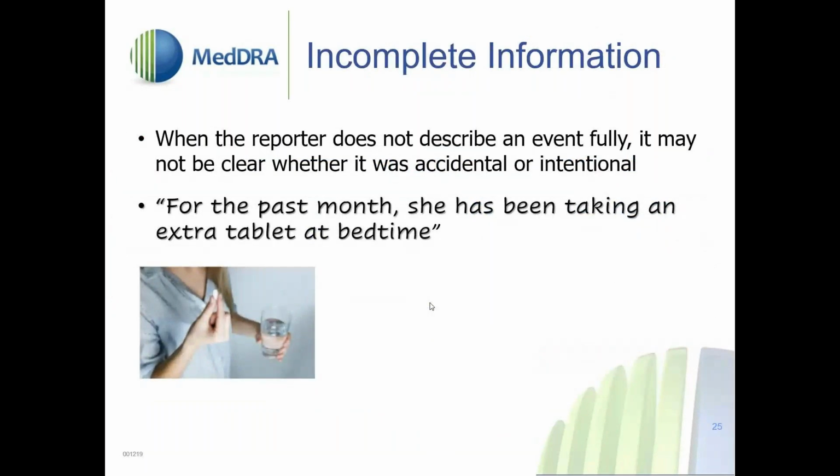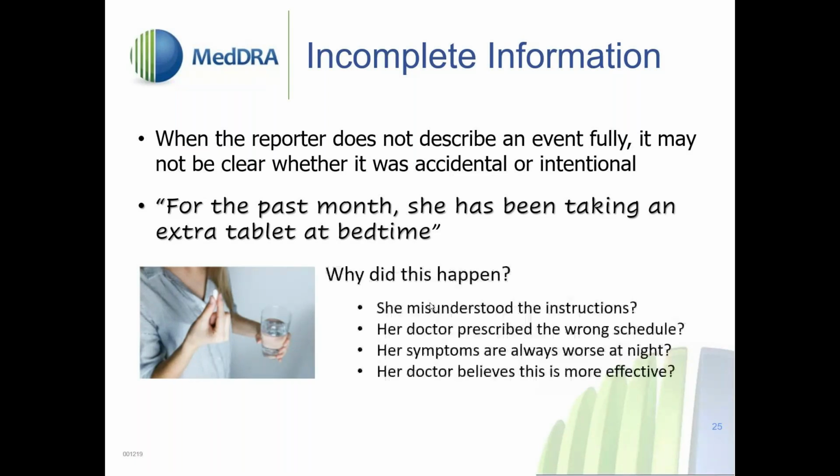You may now argue that in many cases it is not clear whether such a deviation was intended or unintended. Here you can see an example for such a scenario. It is reported that the patient took an extra tablet before going to bed. If no further information is available, we do not know the background. Did the patient misunderstand the doctor's instructions or the package leaflet? This would then represent a medication error. Or did the doctor mistakenly give her the wrong schedule with a prescription?